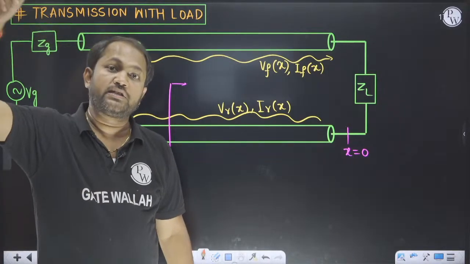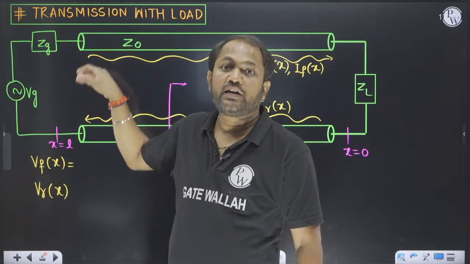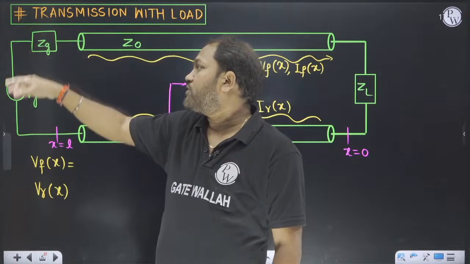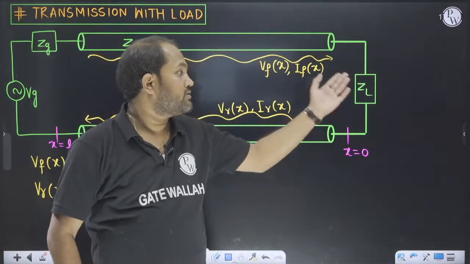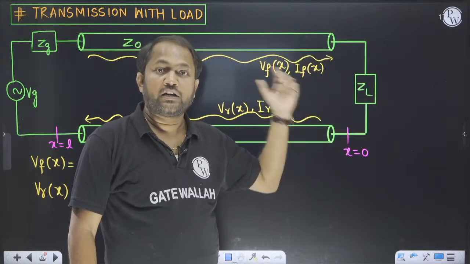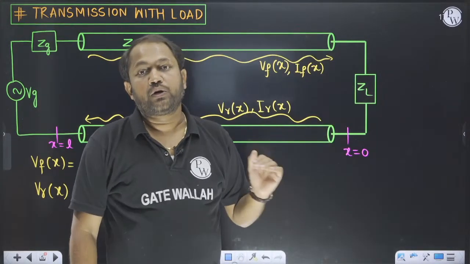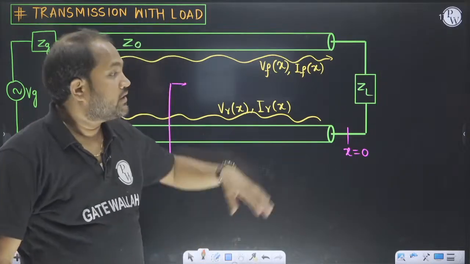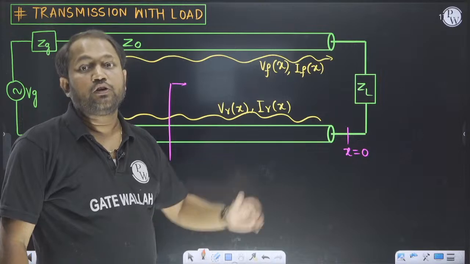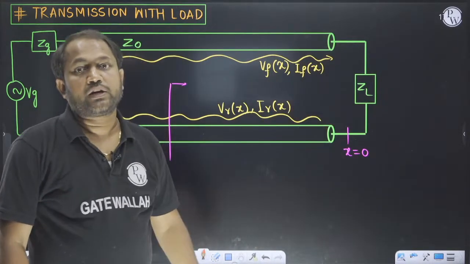But I cannot measure source voltage or source current, because the generation side is at the power station. So we measure only load voltage and load current when we describe the transmission line. So we consider x equal to 0 because we are calculating load voltage and load current here.